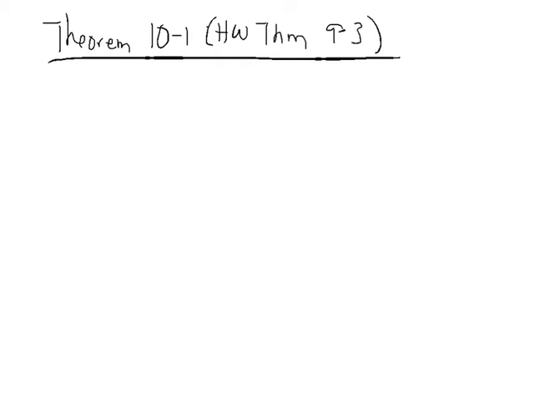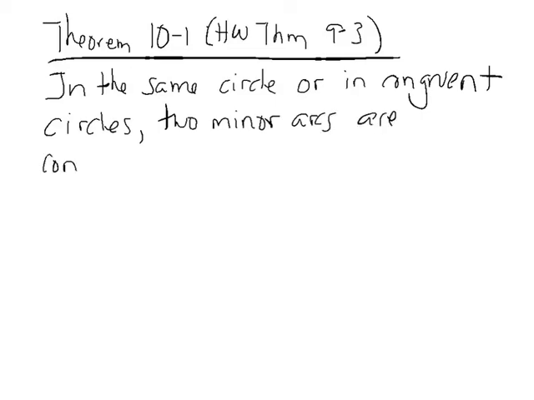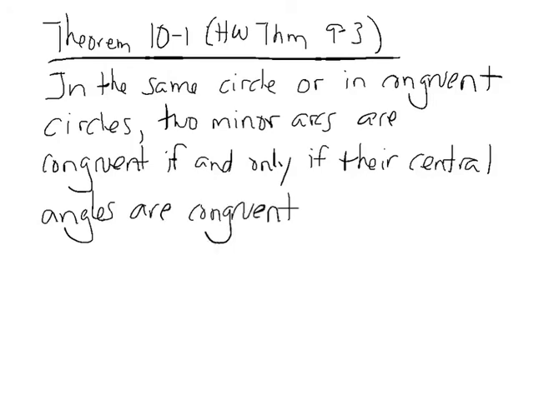And it states that in the same circle or in congruent circles, two minor arcs are congruent if and only if their central angles are congruent.